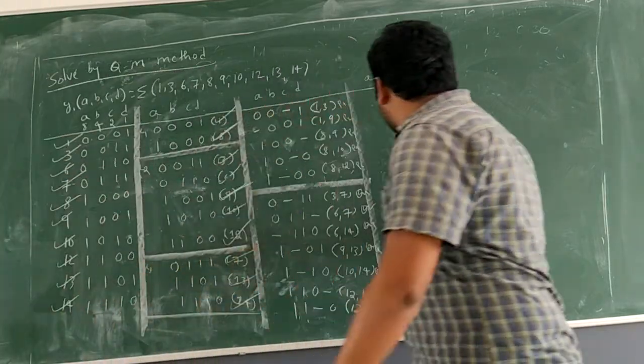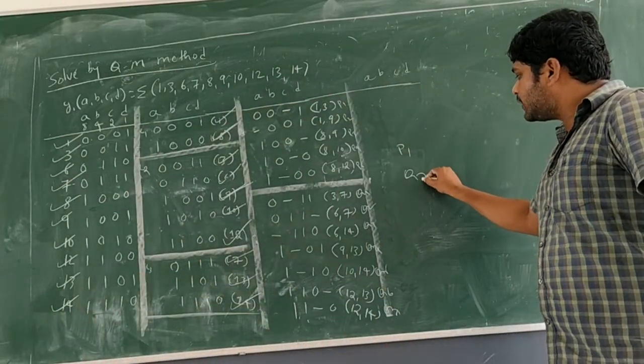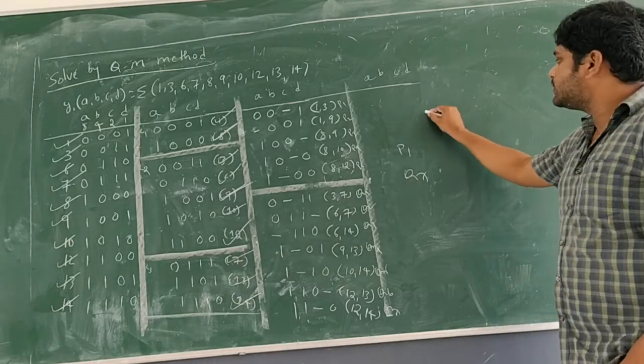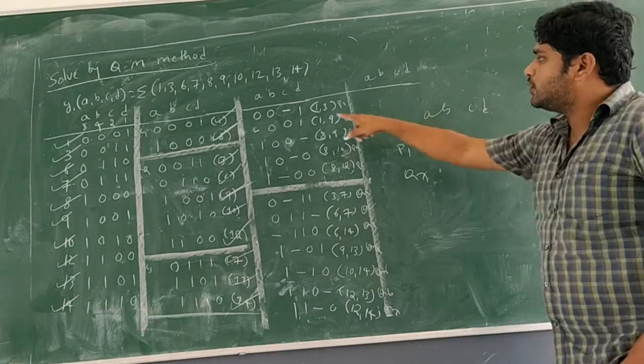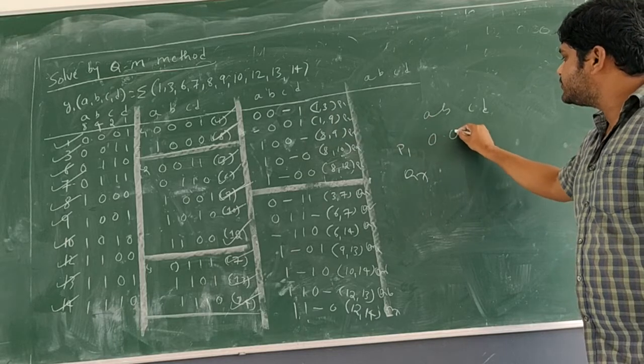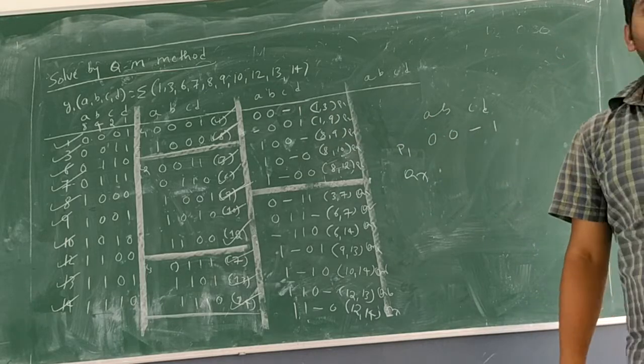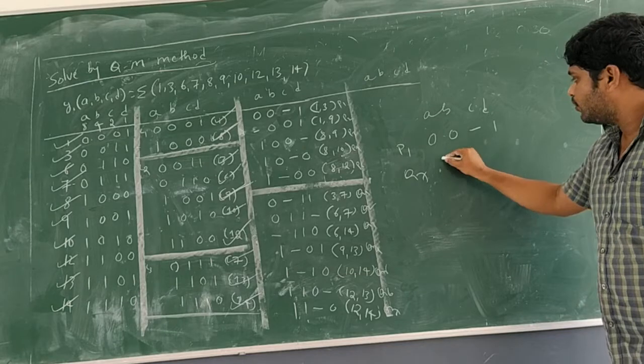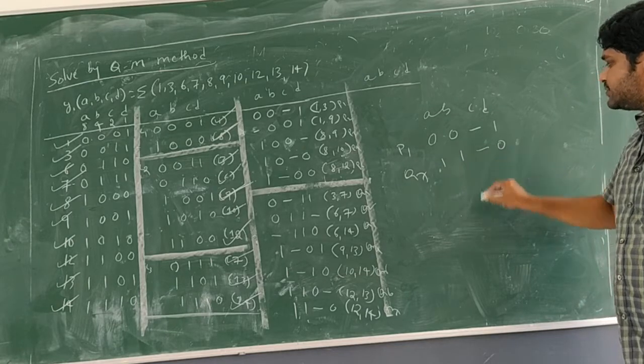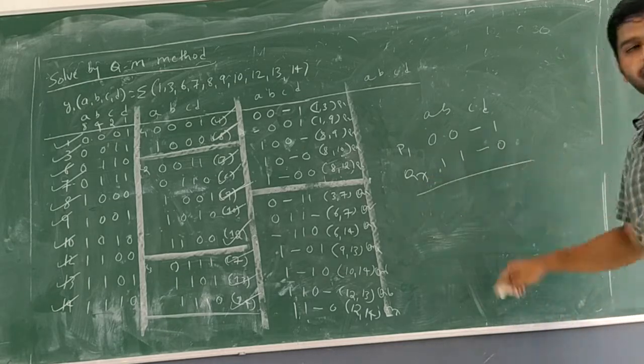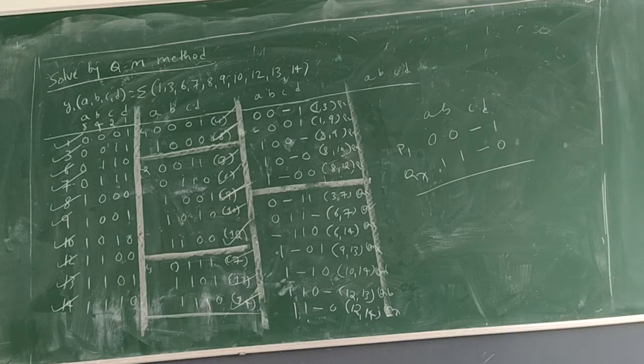So how it is? P1 and Q7. How they are? A, B, C. What is P1? 0, 0, hyphen 1. What is Q7? 1, 1, hyphen 0. So how many total same and differences that we have to find?